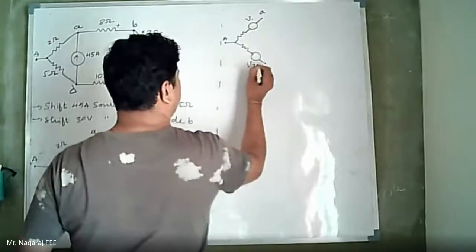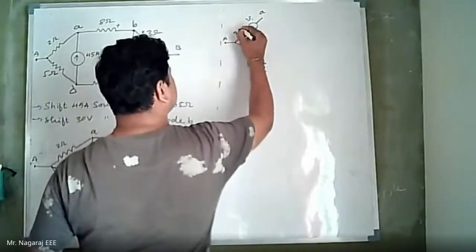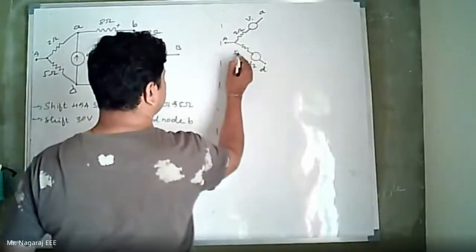Let this be V2. This is 2 ohms and this is 5 ohms. And the direction of V1 is towards node A.